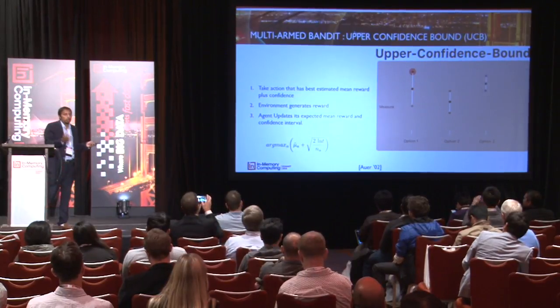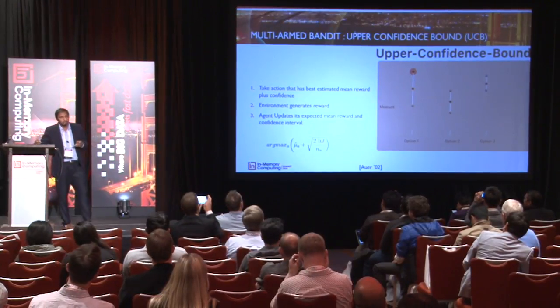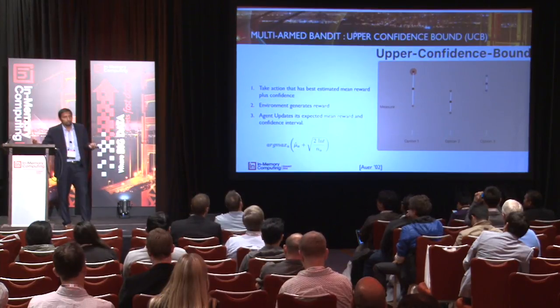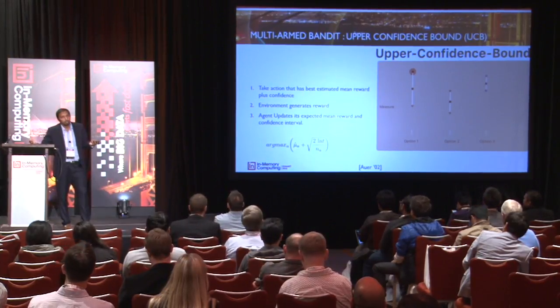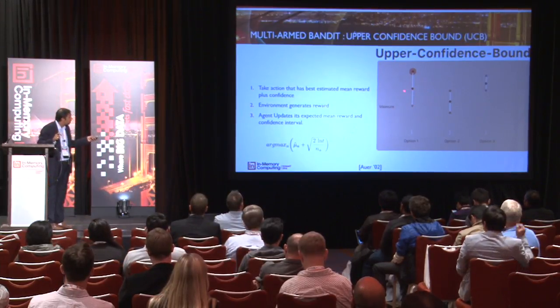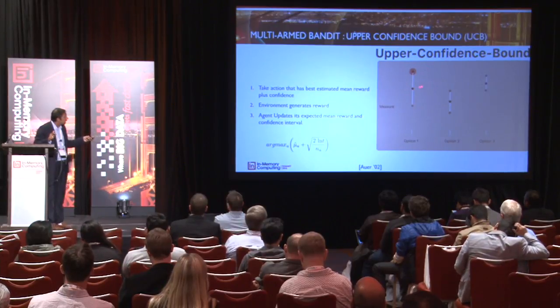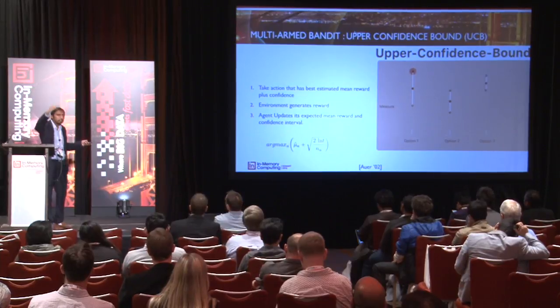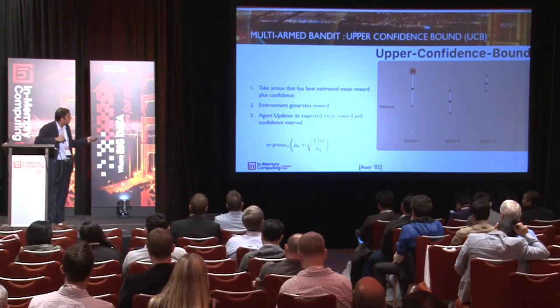So let's say when we talk about some money, we will ask, okay, what would be the earnings? You would say, okay, it could be, let's say, $50 plus or minus 10. That plus or minus 10, that confidence interval, is used here, and then it takes an optimistic approach. I might get that mean reward plus the upper confidence bound, and whichever has the highest upper confidence bound, it takes that action.